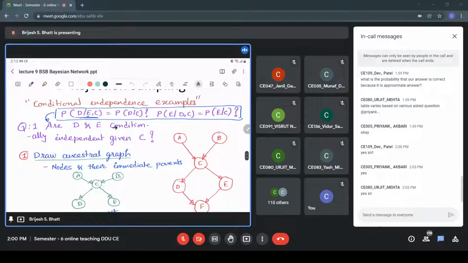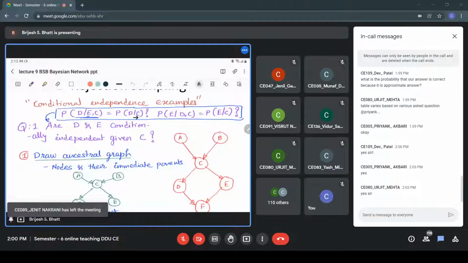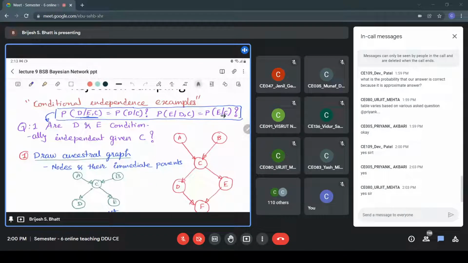D and E conditionally independent given C can be formulated like this: probability of D given E and C is equal to probability of D given C. That means that probability of D does not depend on E, given that C is there. So given that you have observed C, you don't need E to calculate probability of D. And similarly, to calculate probability of E, if you are given the value of C, you do not need the value of D. So are D and E conditionally independent given C in this graph?